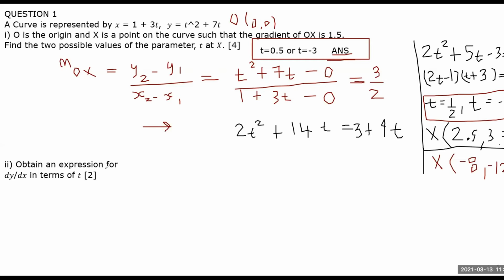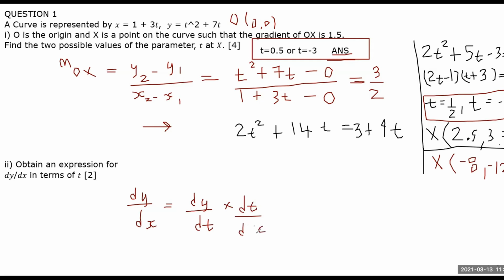Next part, it says obtain an expression for dy by dx. To find dy by dx, you just have to remember that for parametric differentiation, dy by dx is dy by dt multiplied by dt by dx.